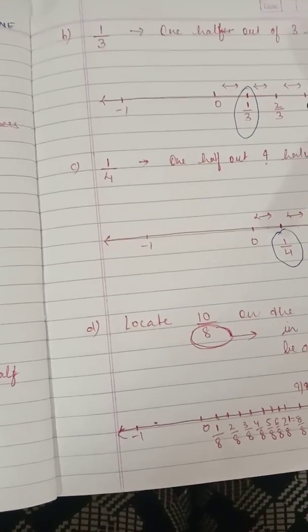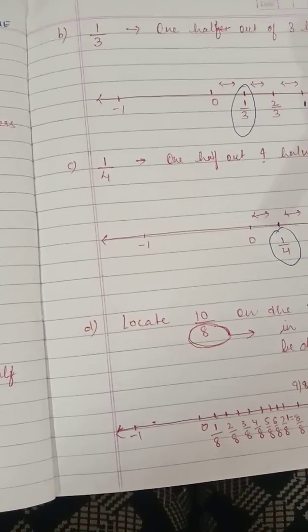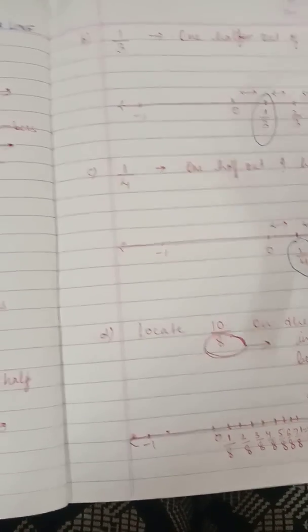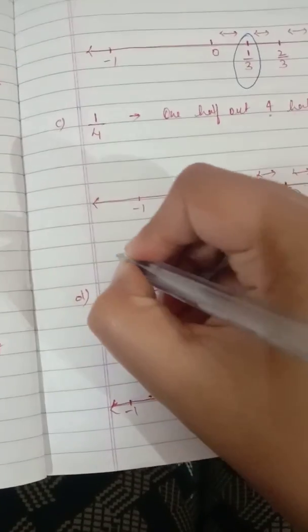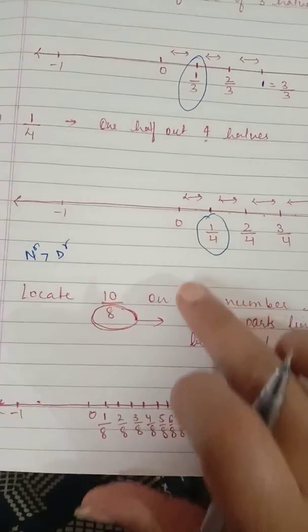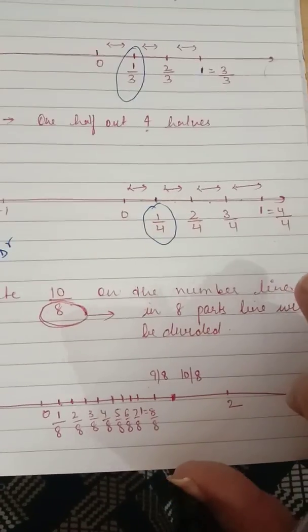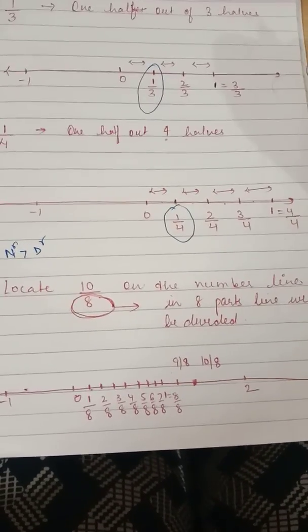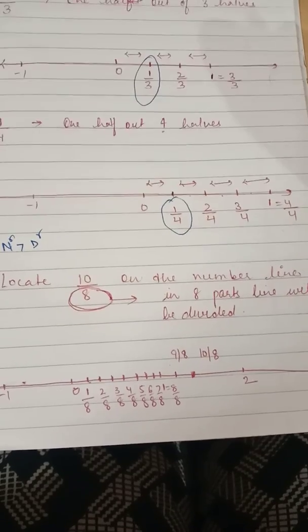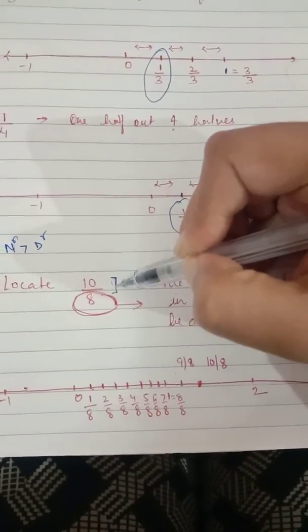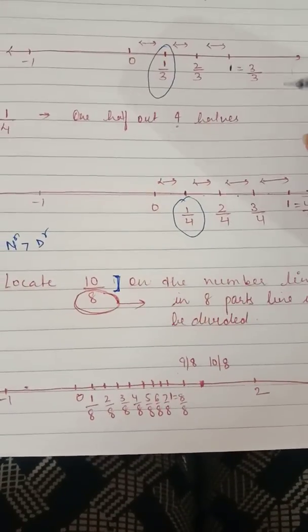Now we will see one more example in which my numerator is greater than my denominator. So I will take 10 by 8 on the number line. So I will represent 10 by 8 on the number line. So to represent 10 by 8 on the number line, first we will see what 10 by 8 says.